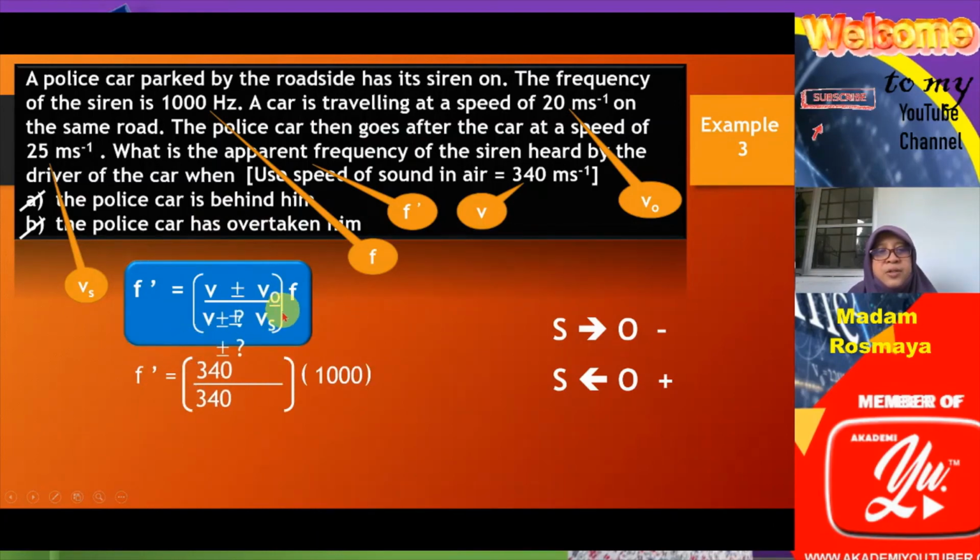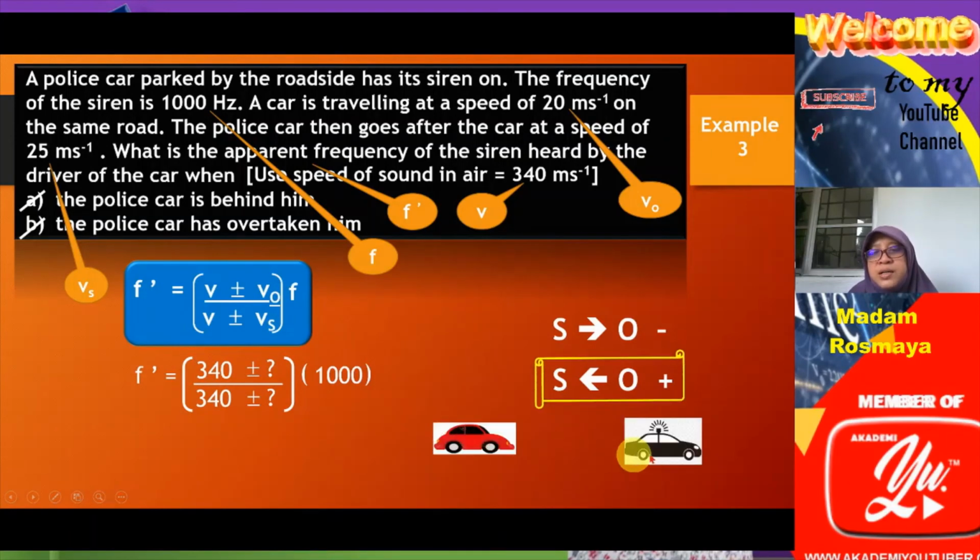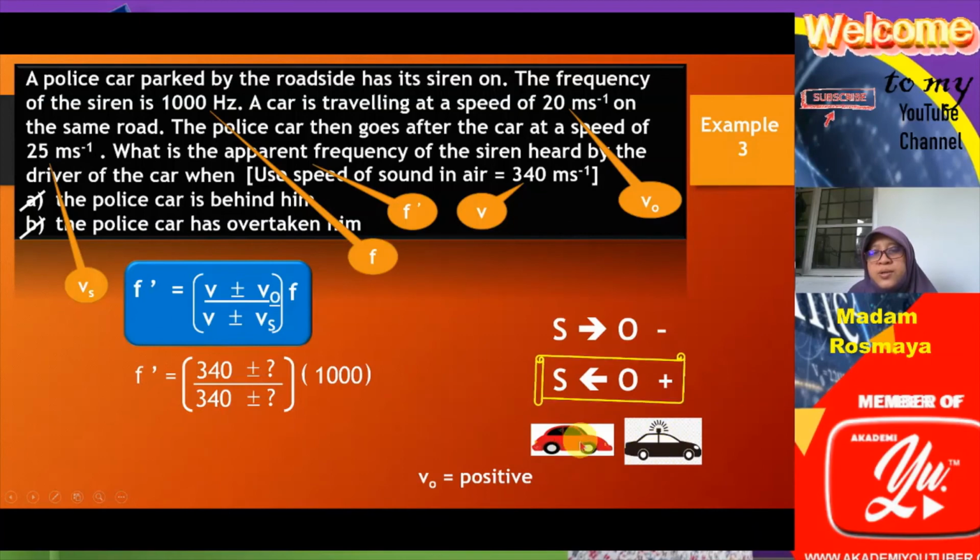Now the signs for the observer and the source. This time the source is in front of the car, so the car is now moving towards the policeman, the source. So that means VO is positive.